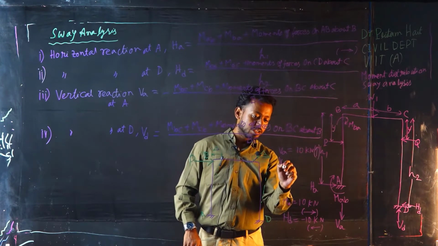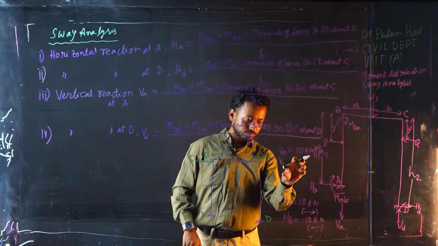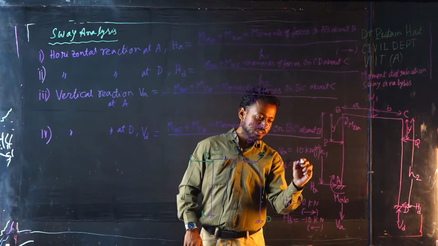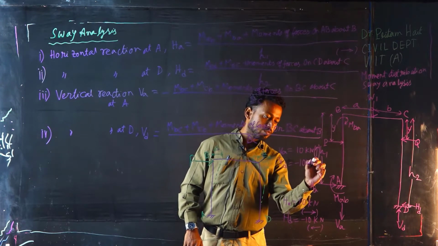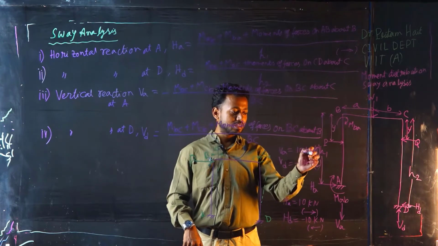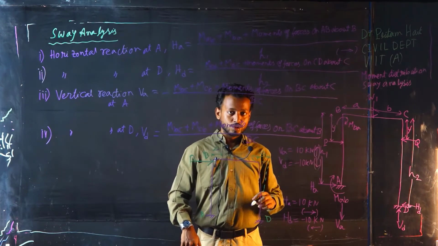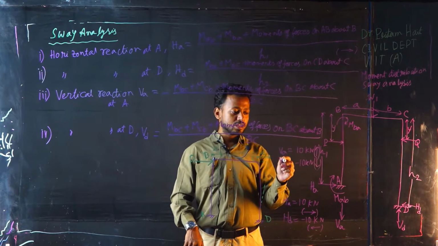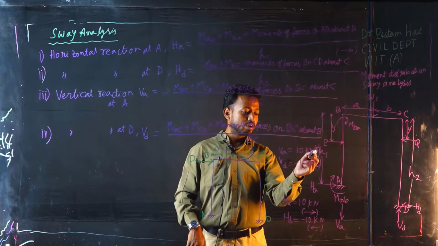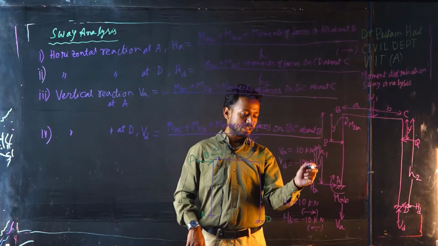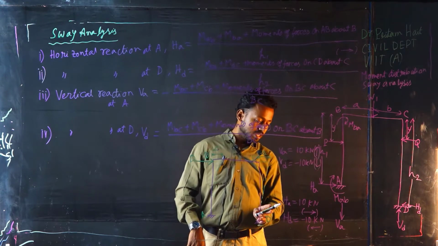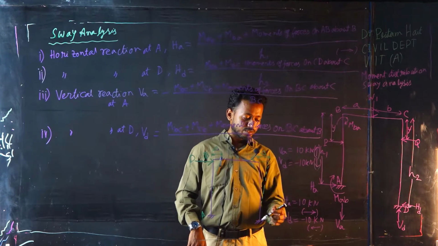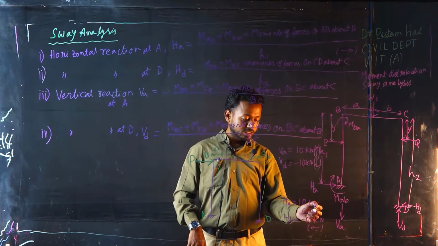If you get VD minus 10 kilonewton, it will be downward, so you have to mark this within bracket with a downward arrow, and here an upward arrow. In this way you can calculate, and always mark the direction: VA if positive, upward; VD if negative, downward; HA if positive, from left to right; and HD if negative, from right to left. You have to remember and mark this sign convention.